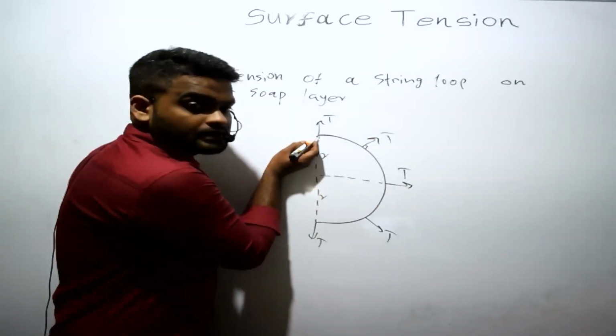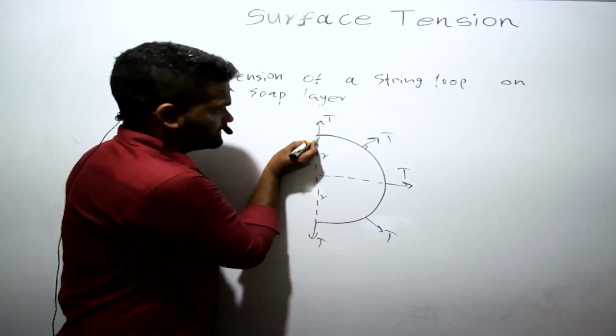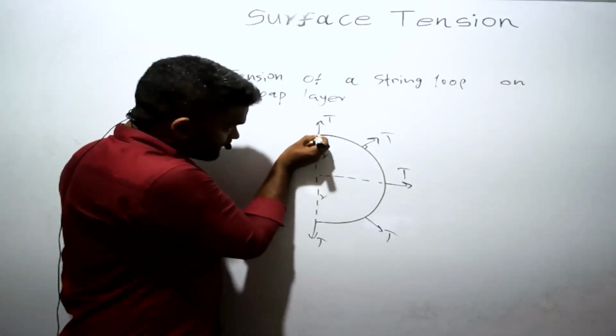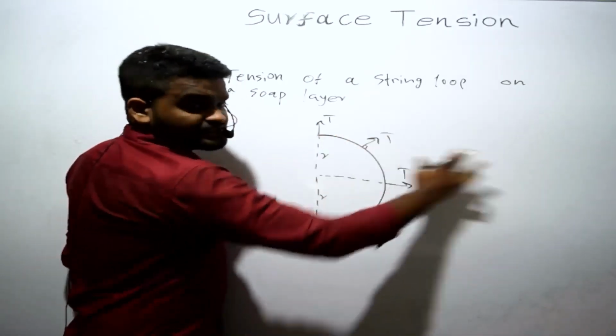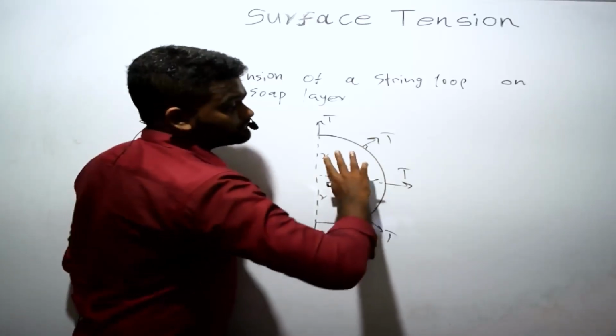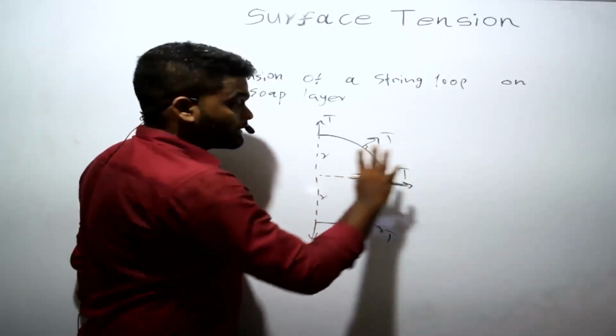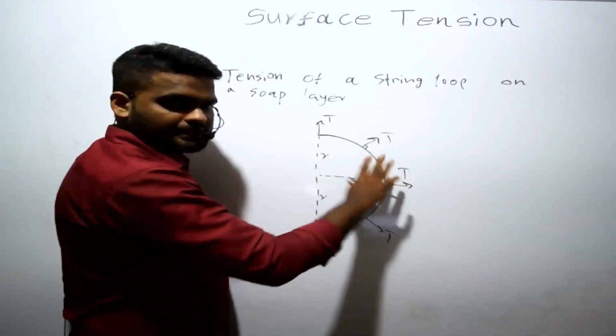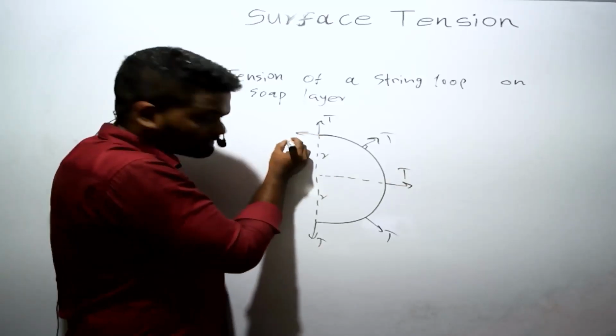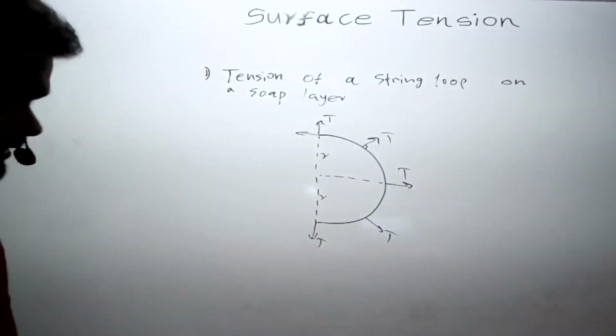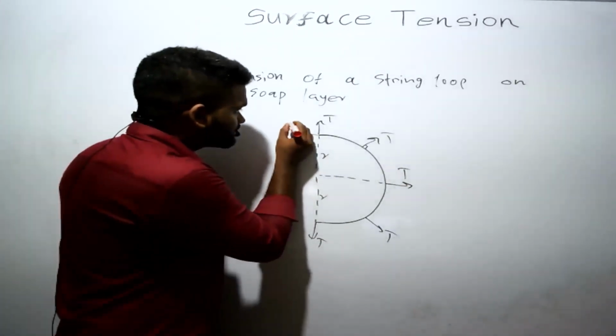So this cut part, here it is separated, right? You can see these surface tension forces cause a force to this side. But it is balanced by this capital F, those tension forces in the string.